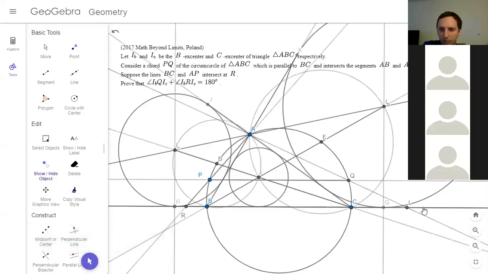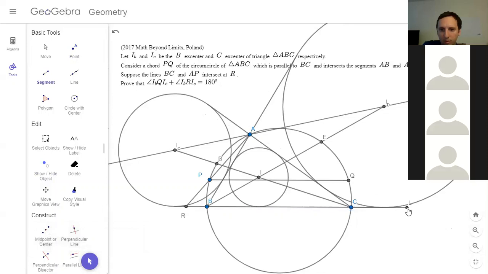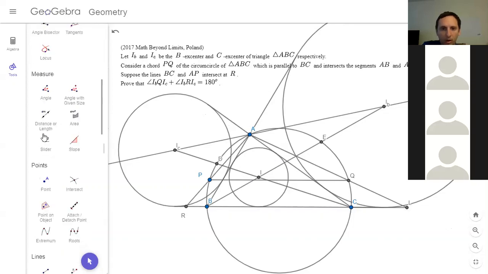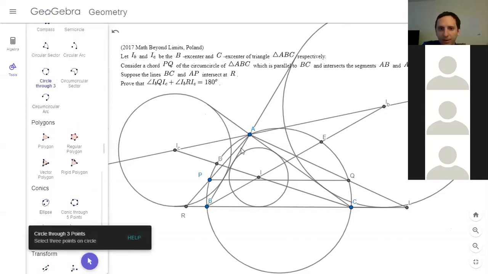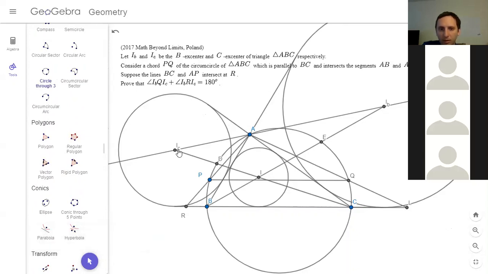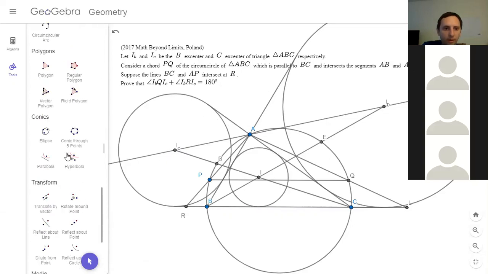Okay, so let Q prime be the reflection of Q over IC and IB. Okay. Yeah.